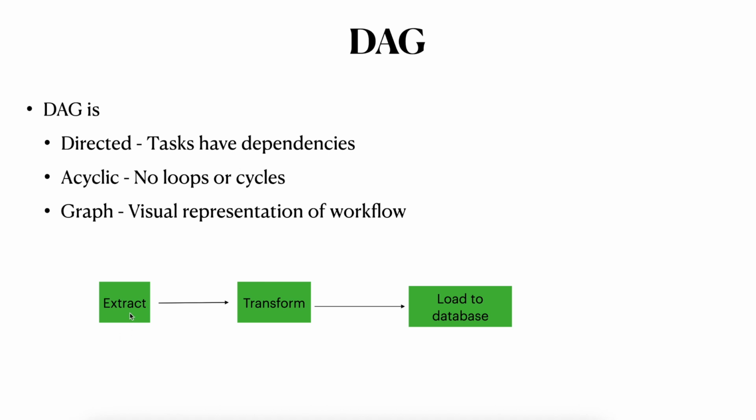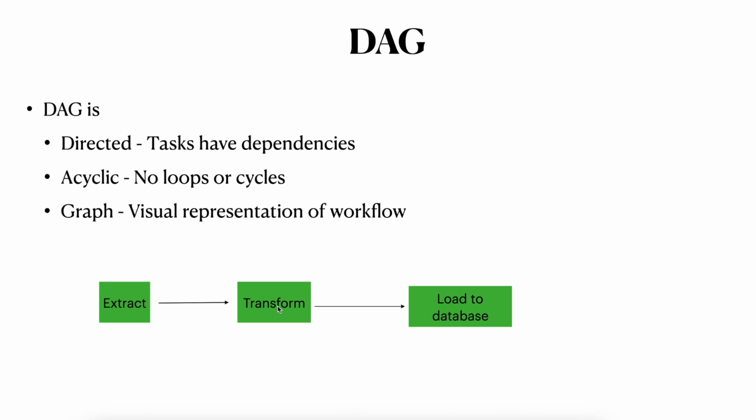Extract will extract the data and then it will pass on to transform. Transform will filter out, aggregate, clean up, all these operations, and then pass on to the load stage. The load task will store into the target database. So you can see it's a one-direction or one-way graph.